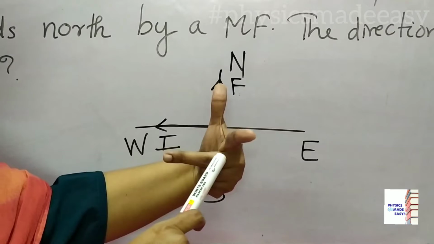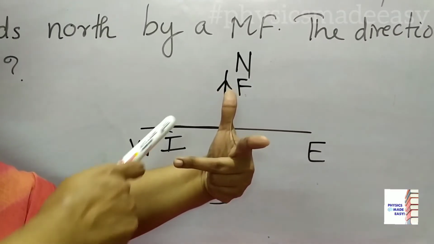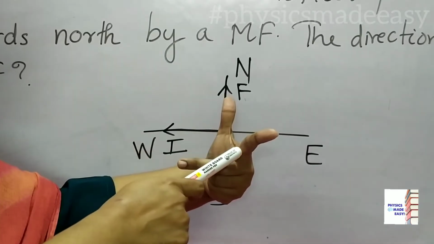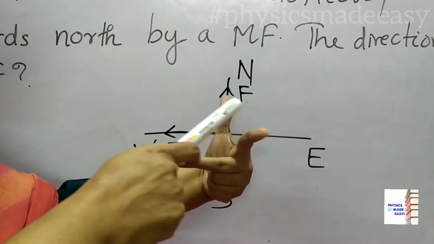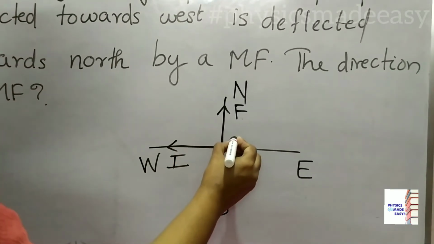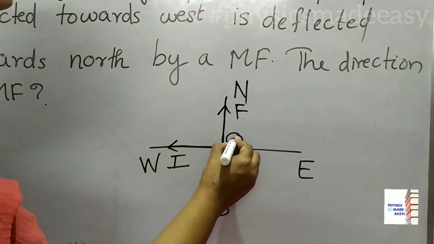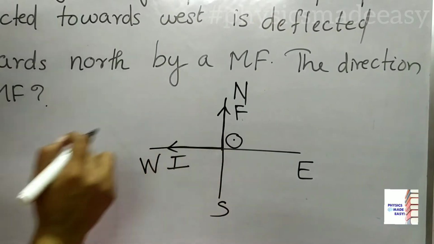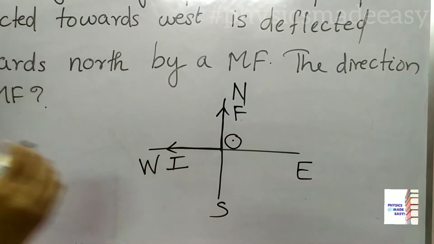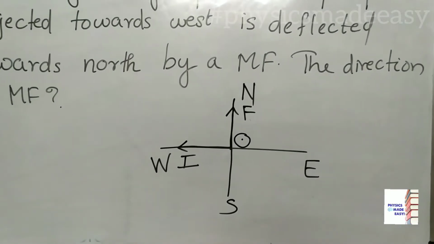Here you can see this is the direction of current, this is the direction of force. So the index finger is in this way. From this we can say the magnetic field is in upward direction. How to represent that? A dot in a circle.